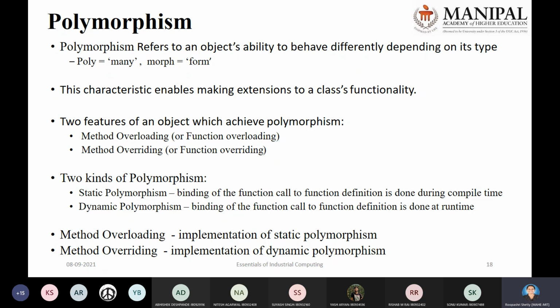In static polymorphism, the binding of the function call to the function definition is done during compile time. You know that there will be function definitions where the actual function is implemented, and in some other class or in some other function we can make a call to that defined function, right?